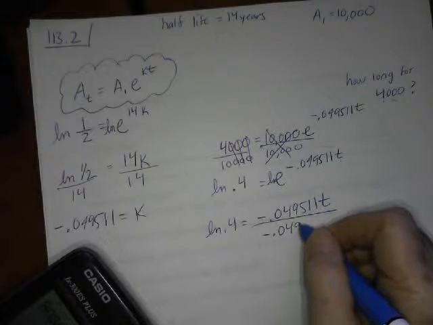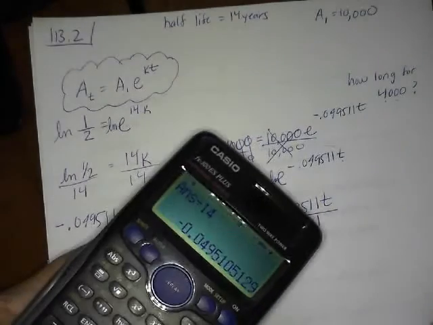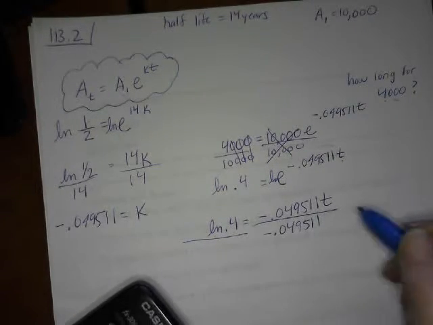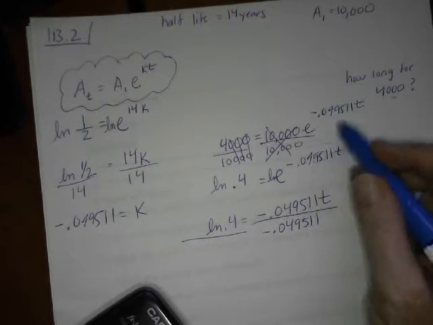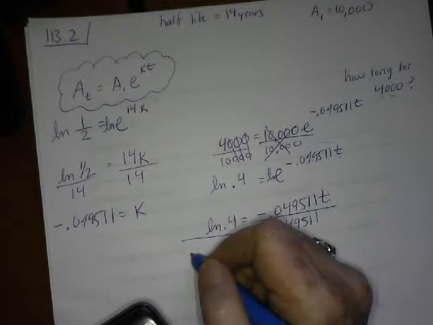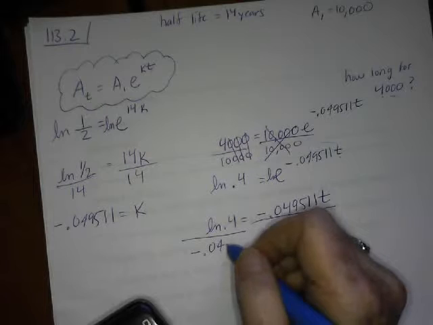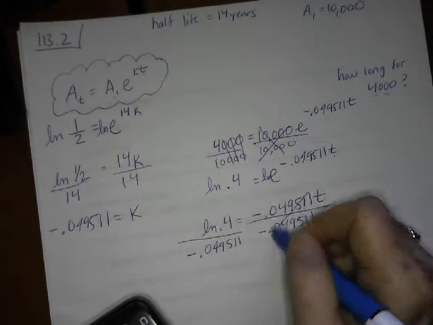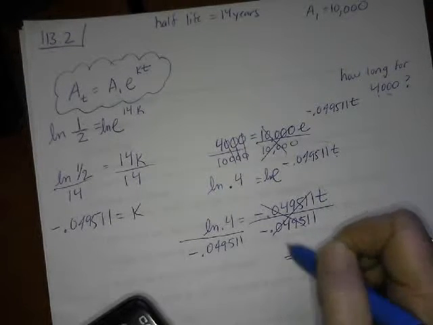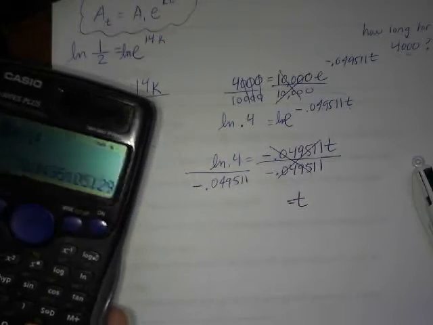If I really am going to keep this number in my calculator, which I don't know if I'm going to or not, I could have just been writing k. I didn't have to keep writing this number over and over, but I thought it might help you to understand what I'm doing. There, that goes away. And if I didn't make any mistakes, putting that in my calculator ought to get me the time that I'm looking for.